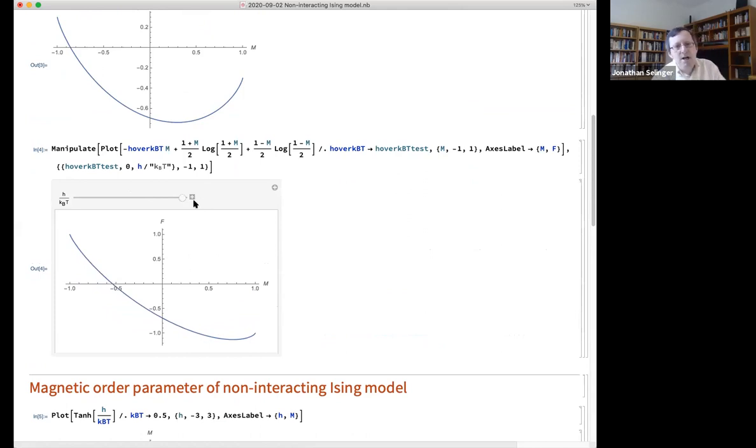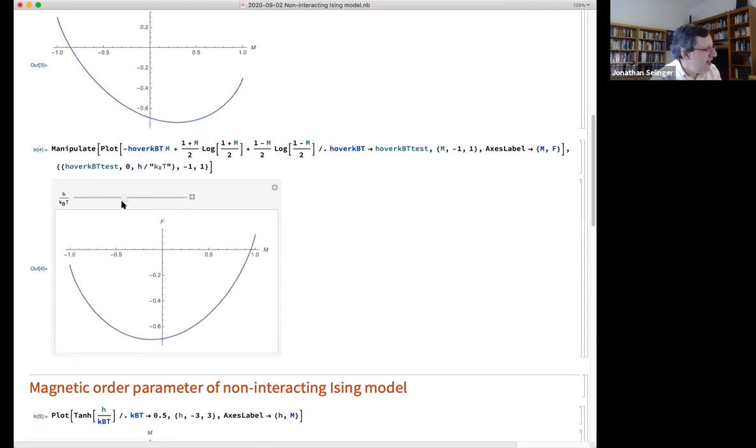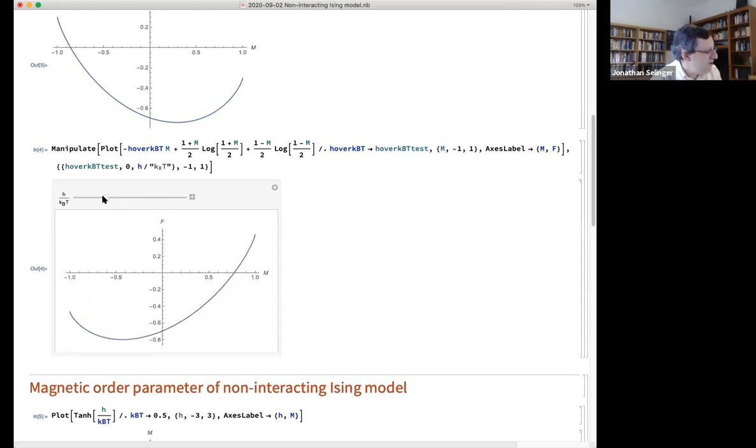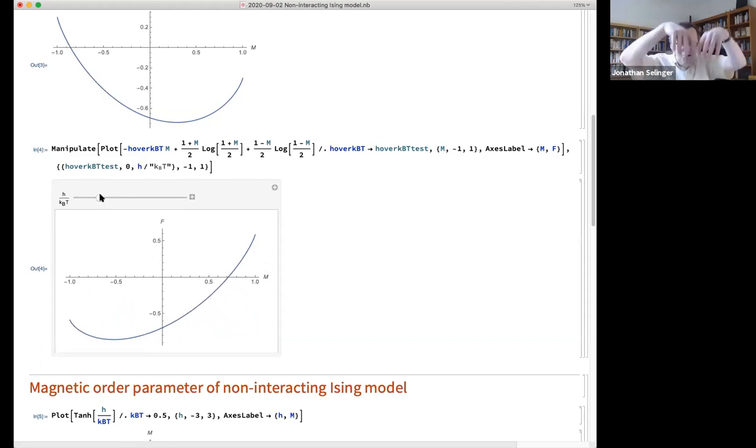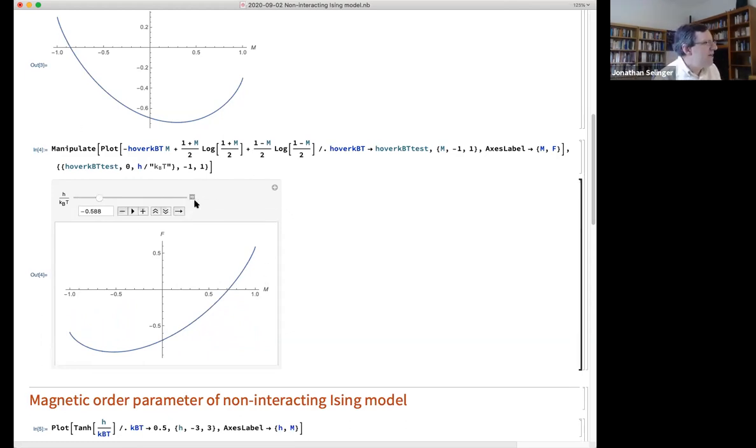So if I put on a magnetic field pointing up, the spins start to align, mostly pointing up. And if I put on a magnetic field pointing down, so here's a negative value of the magnetic field, then the spins tend to align, mostly pointing down. And if I click on this plus sign, it shows the number for the magnetic field divided by kT.